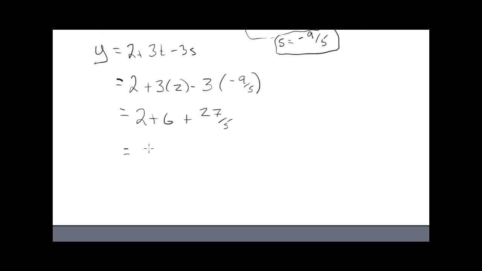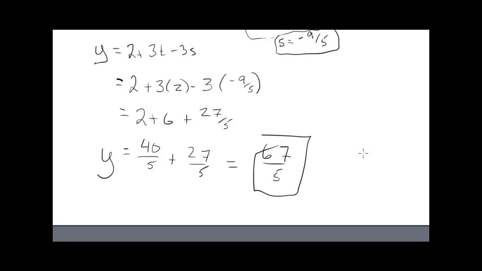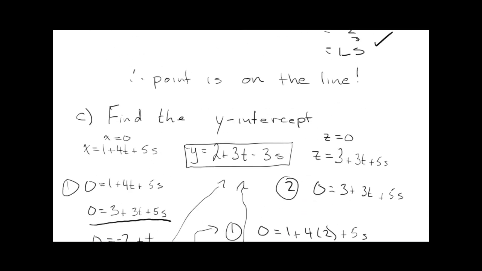Ooh, end of page. 8, so that's 40 over 5 plus 27 over 5 equals 67 over 5 is your y-intercept. Okay, so y-intercept 67 over 5. And we get that just by letting x and z equal 0.